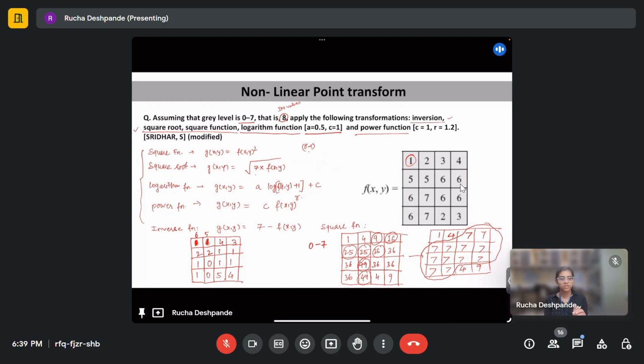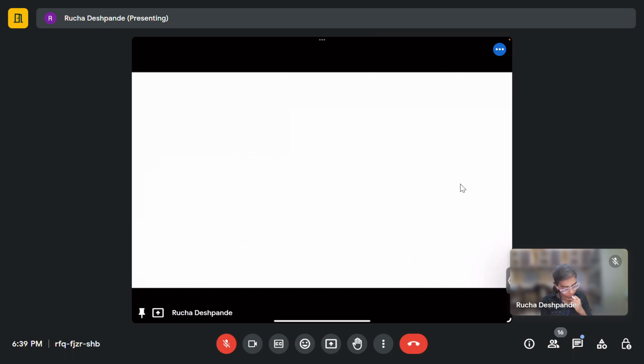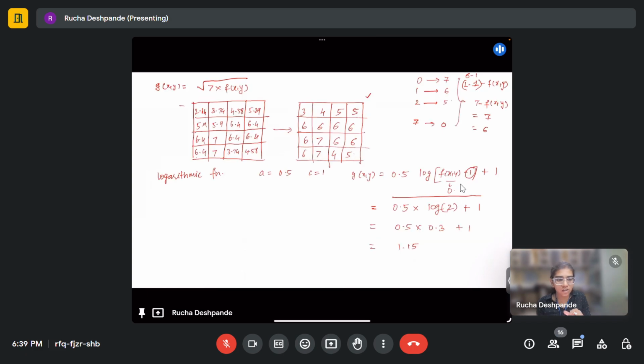So you can actually play with the numbers and try to generate different kinds of images, and then you can understand how different values of A and C change the values. So you can try this logarithmic function.